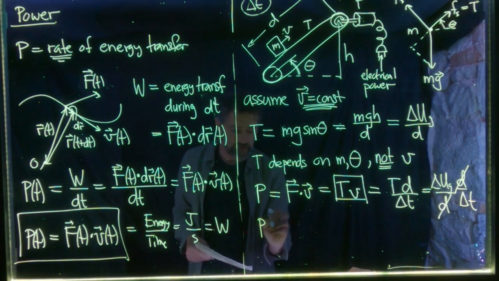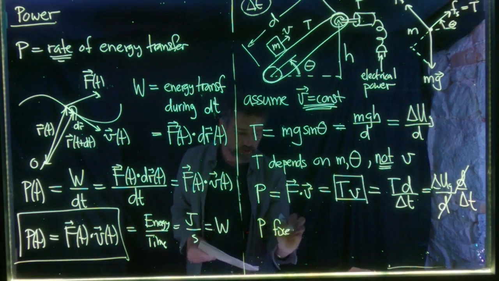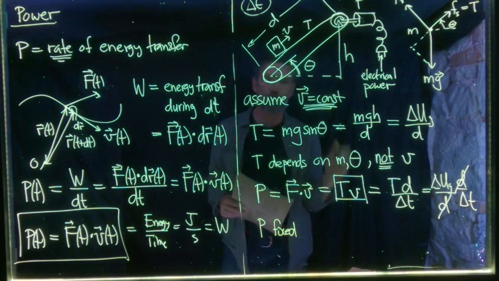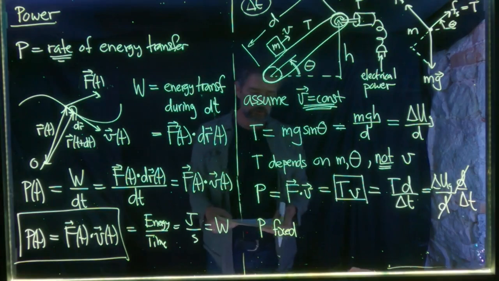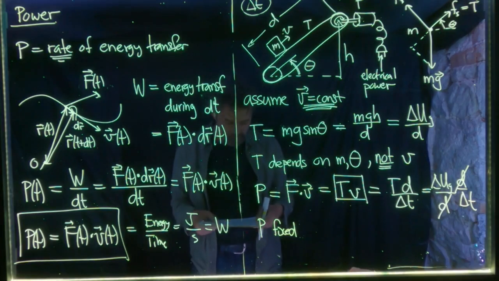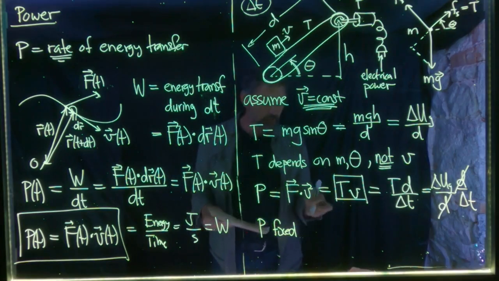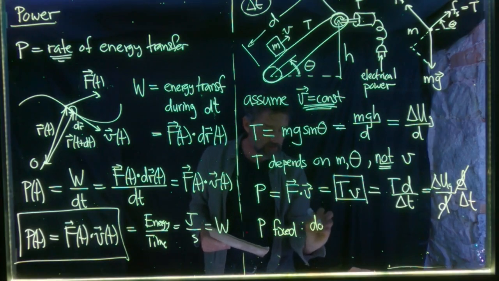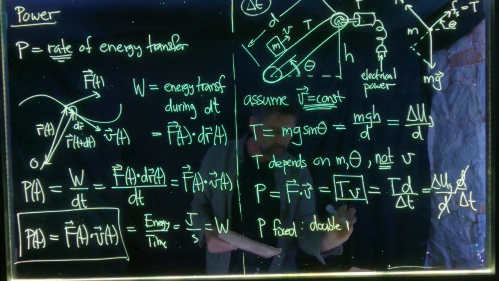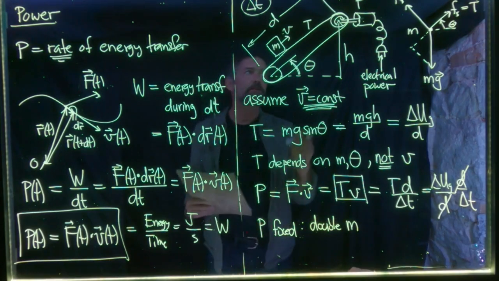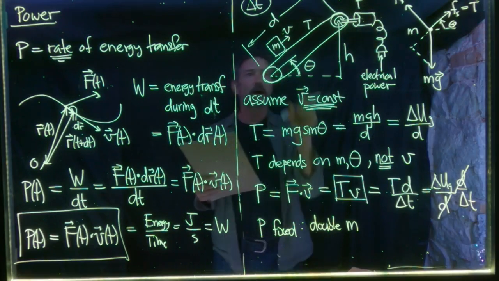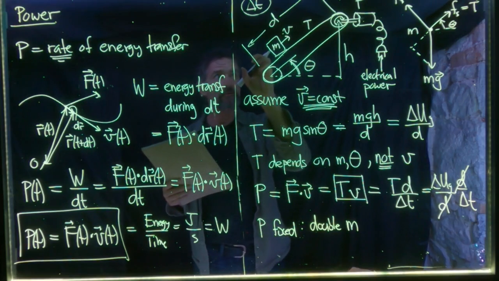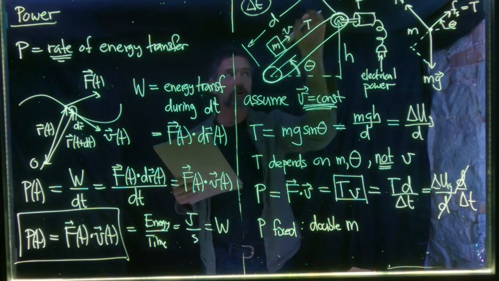Suppose we have only a 100-watt motor, and we're operating at maximum power. If the power is fixed, then if we double the mass, so we've got a motor of fixed power, 100 watts, chugging away here, raising a mass of, say, 100 kilograms at a certain speed, up like this.